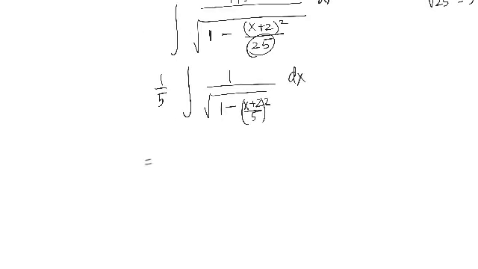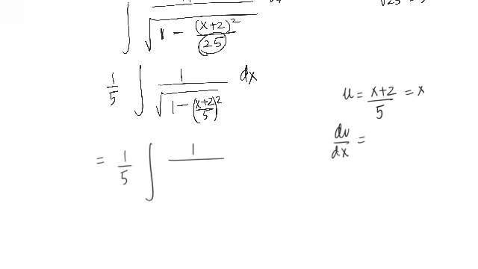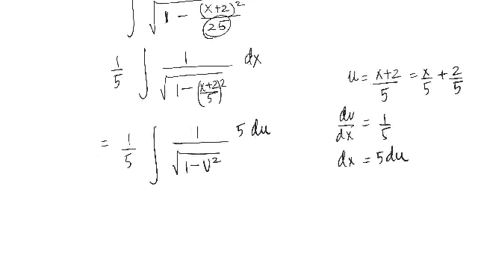And so this is equal to 1/5 integral, and I'm now going to do my u substitution. U is equal to x plus 2 divided by 5. Du dx is going to be 1/5, and dx is 5 du. So I can say 5 du over here and square root of 1 minus u squared over here.